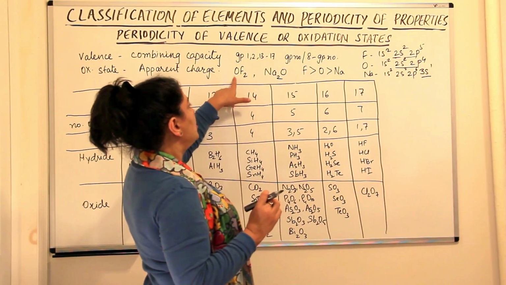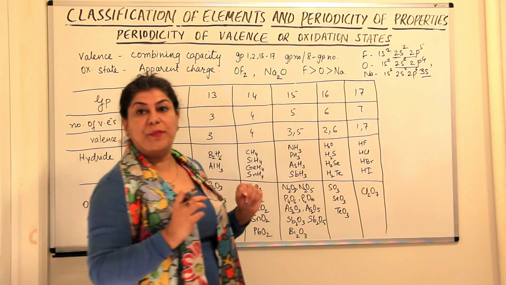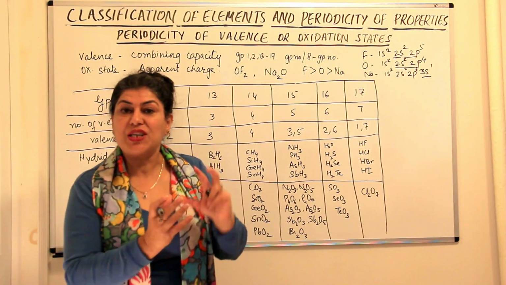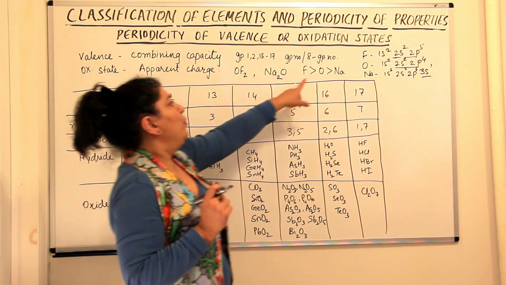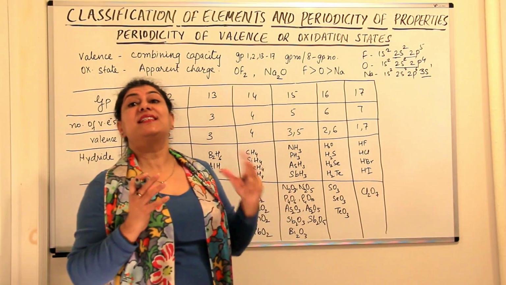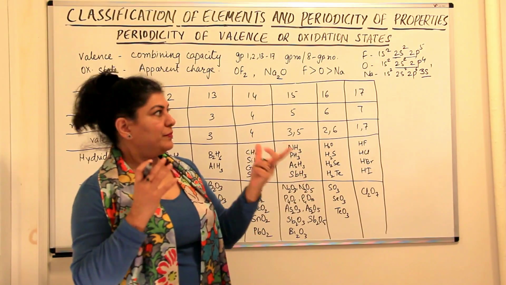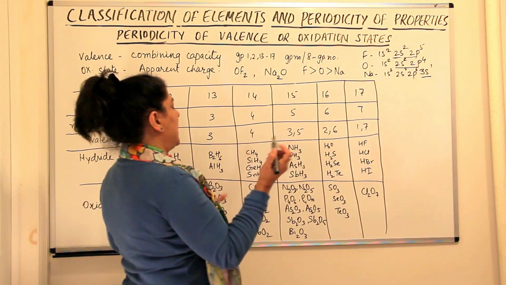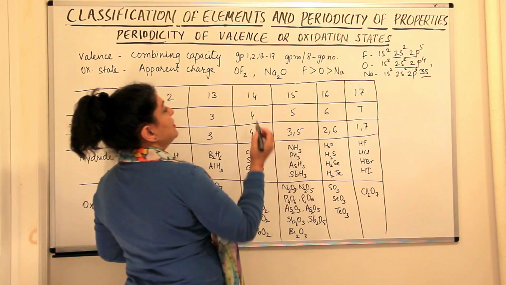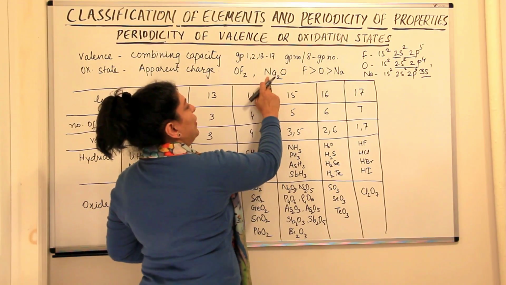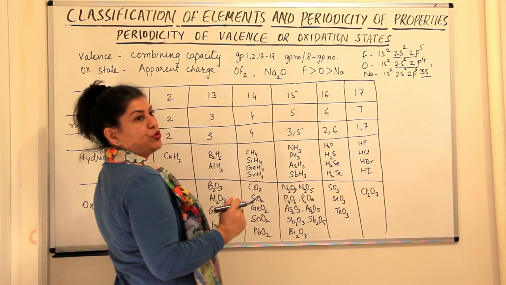So when oxygen combines with these 2 elements, it behaves differently. It appears to have a different charge. With sodium, oxygen appears to have a negative charge. It actually has a negative charge because this is an ionic compound. Sodium has 1 electron and oxygen needs 2 electrons.